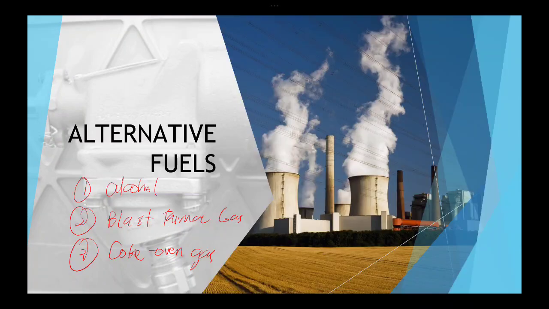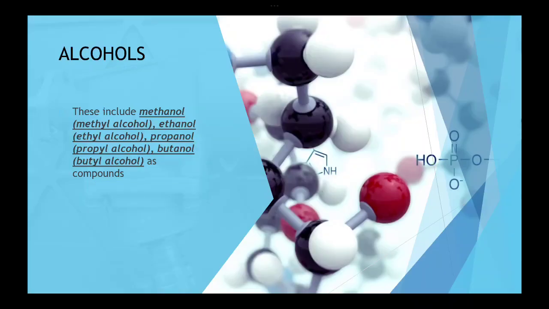Okay? So here's the alcohol. Its examples are methanol, also known as methyl alcohol, ethanol, which is ethyl alcohol, propanol or propyl alcohol, and lastly butanol, that's butyl alcohol. Okay, those are alcohols.